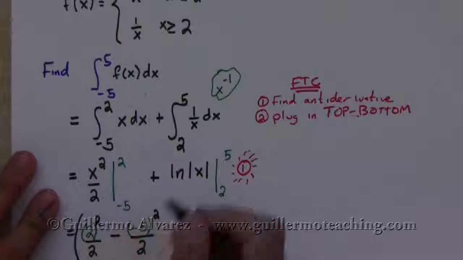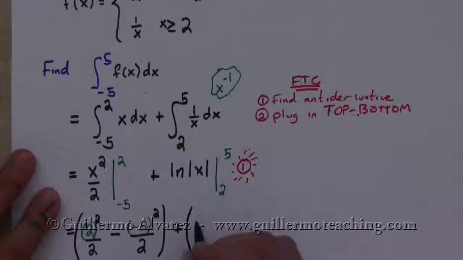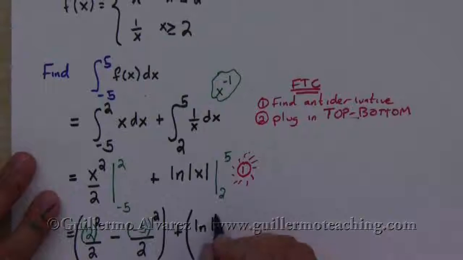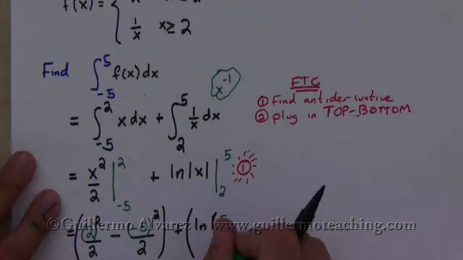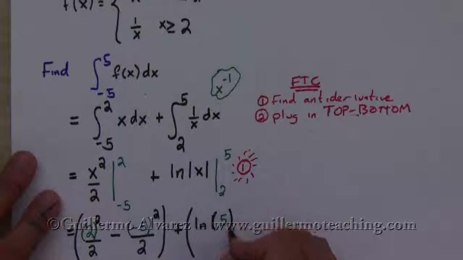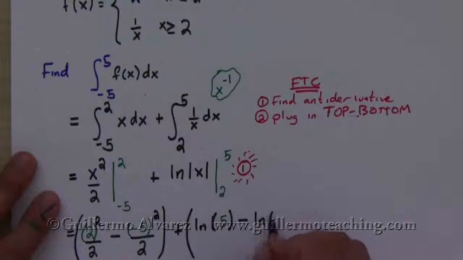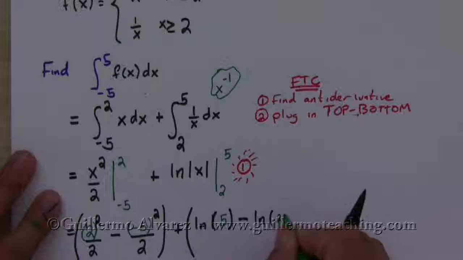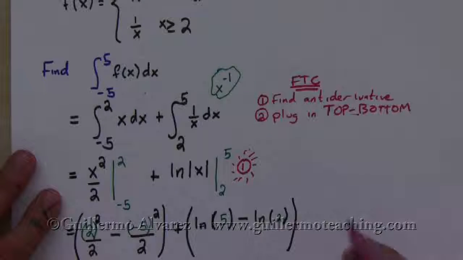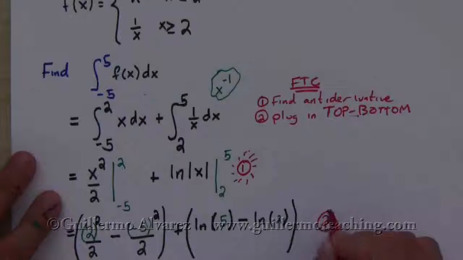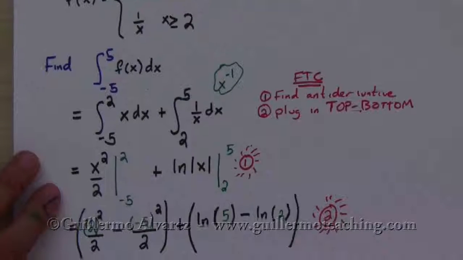Okay, so this is the very first one. And then I'm going to do the same thing for the second one. I'm going to have natural log of 5 minus natural log of 2. I don't really need the absolute value because these are both positive. And this was step 2 in the fundamental theorem of calculus. We plugged in top minus bottom.